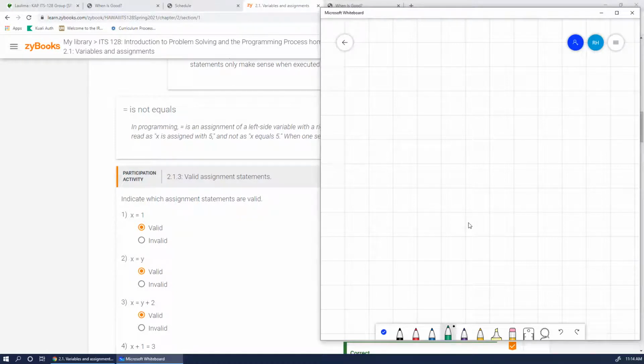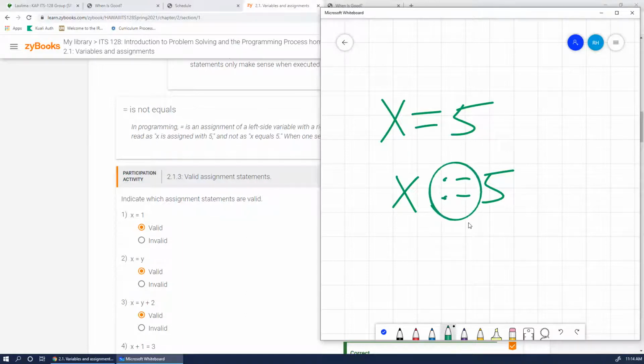When I taught ICS 111 back in the 90s, instead of having x equals 5, that's how it is in Python, in Pascal, it was x colon equals 5. So this was the assignment operator.